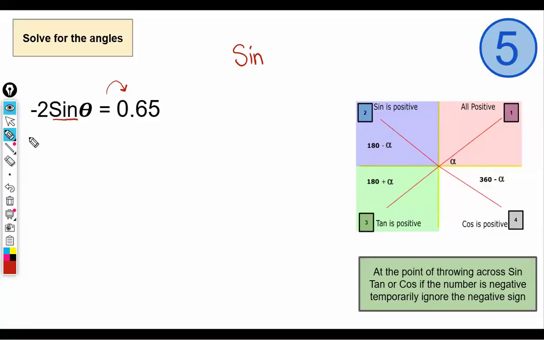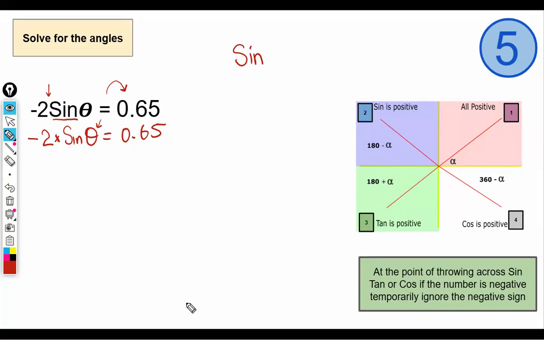But this question is minus 2 sine theta. And in maths, when you have two things touching like a number and a letter and nothing in between, we know by now it's a secret multiply. So this is really minus 2 multiplied by sine theta. And the aim of the question is to solve for theta. Who is the first person we throw across to solve for theta?